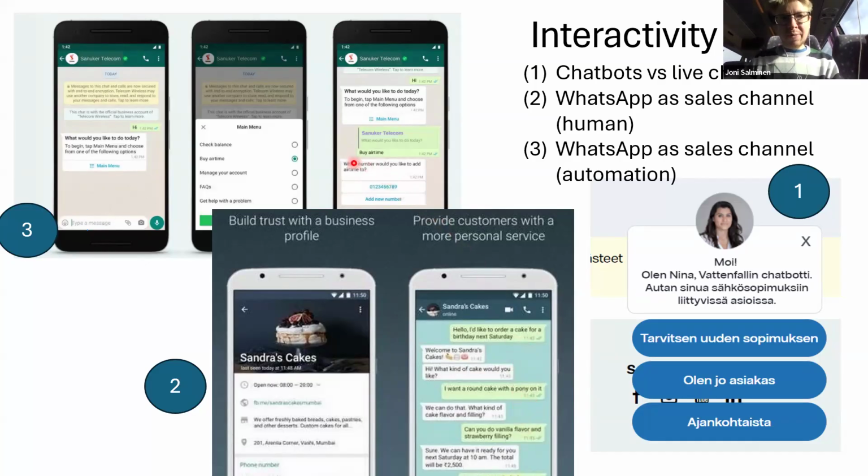It can also happen in automatic ways, so you can configure WhatsApp Business to build a sequence that people can then automatically follow to complete the transaction. So it can be a manually provided service, or an automated service.